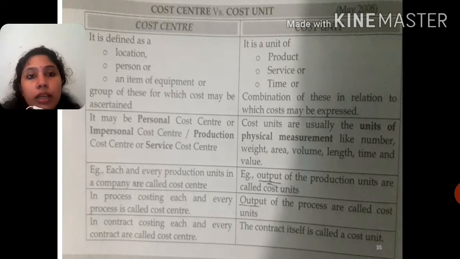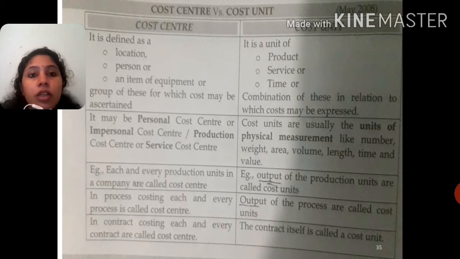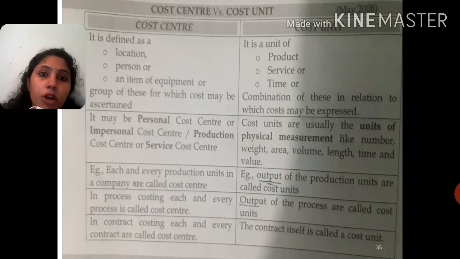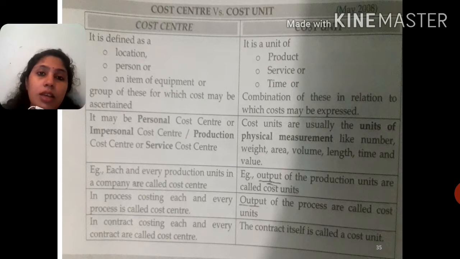Come to the second difference. See the cost center column. It may be a personal cost center or impersonal cost center, or a production cost center or service cost center. Consider the last example.